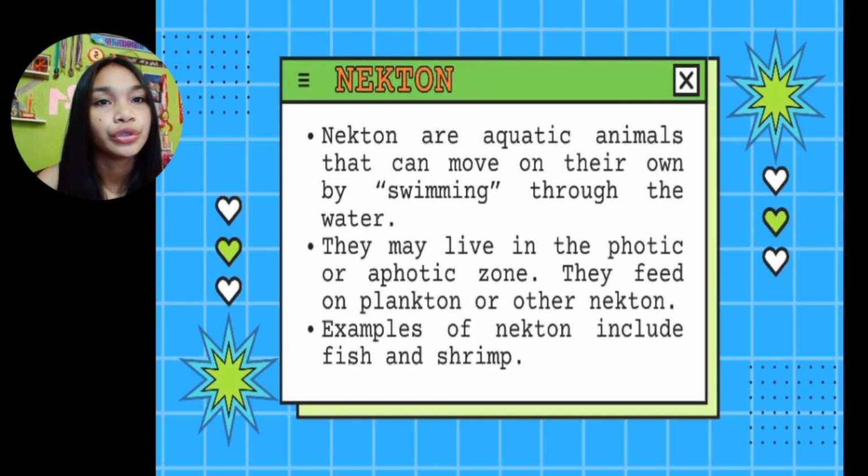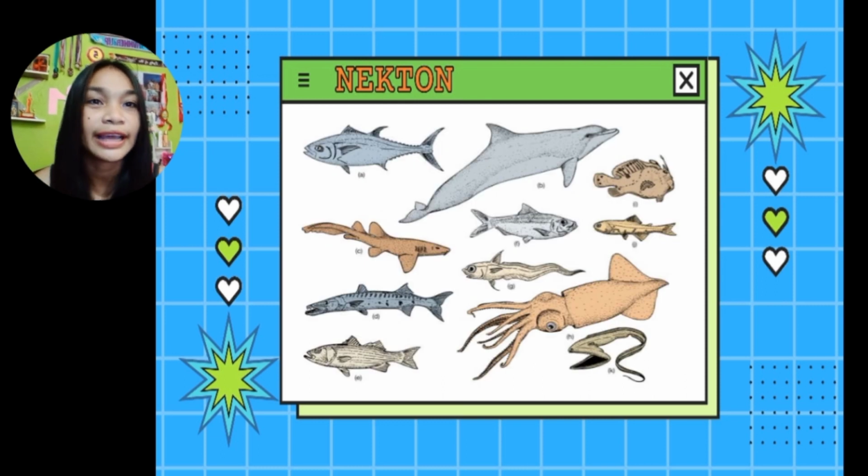Next one is the nekton. Nekton are aquatic animals that can move on their own by swimming through the water. They may live in the aquatic zone. They feed on plankton or other nekton. Examples of nekton include fish and shrimp. So this will be our nekton.